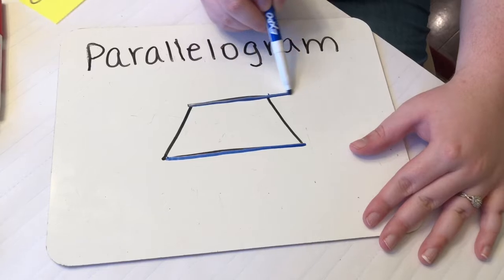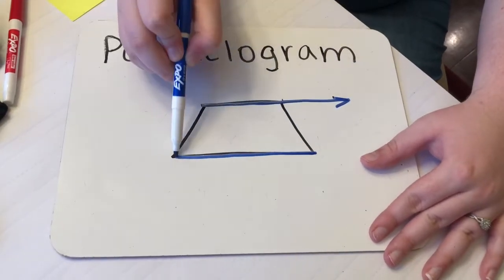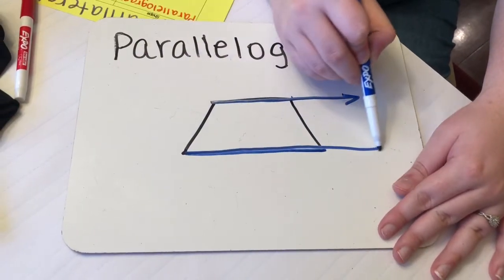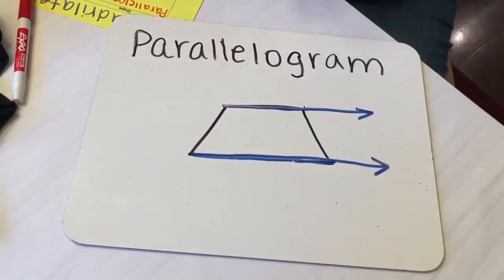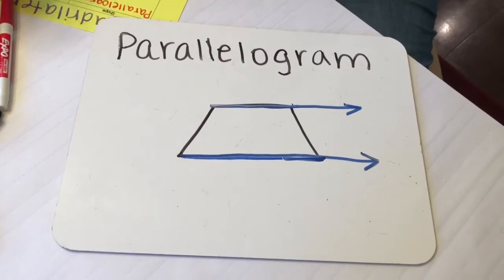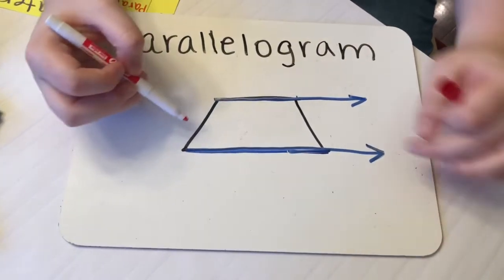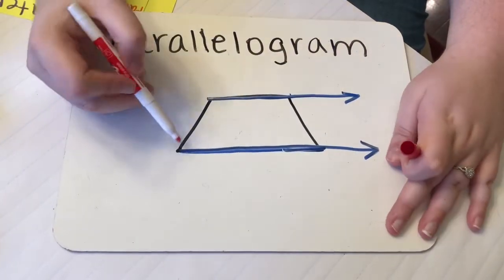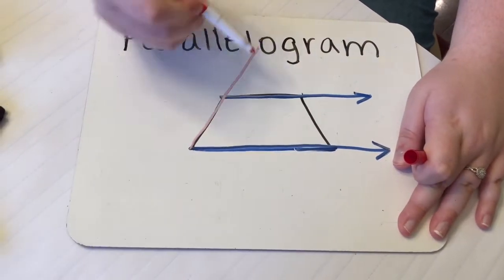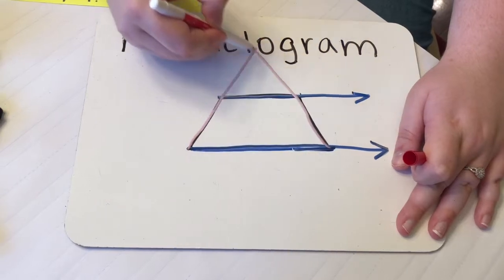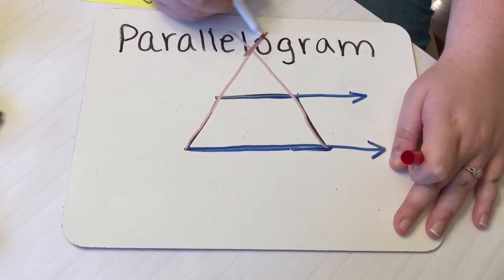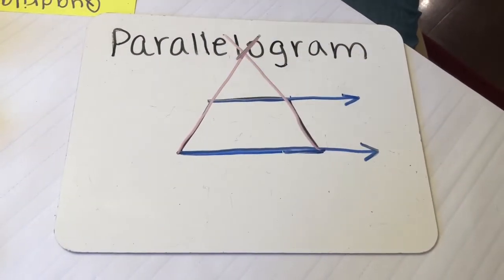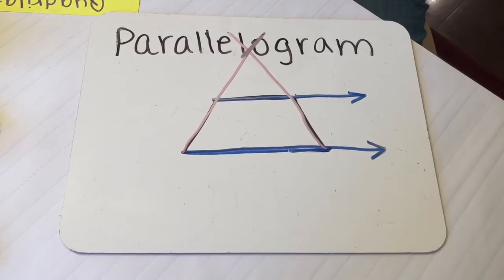They're going the exact same direction. They will never cross. And, let's see. These are not going the same direction. If I were to keep this line going, they will cross. So this, my friends, is not a parallelogram.